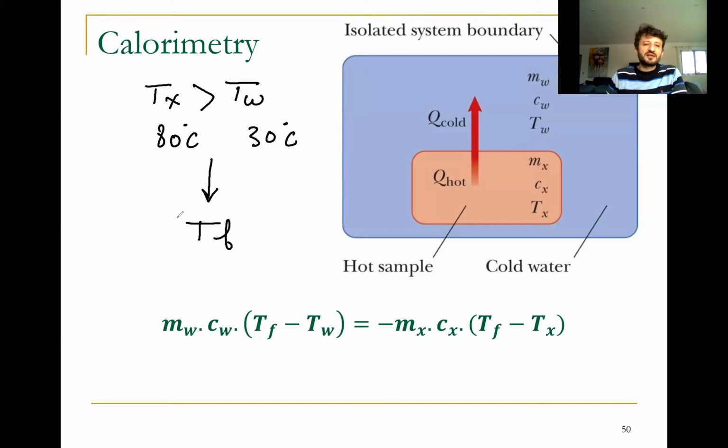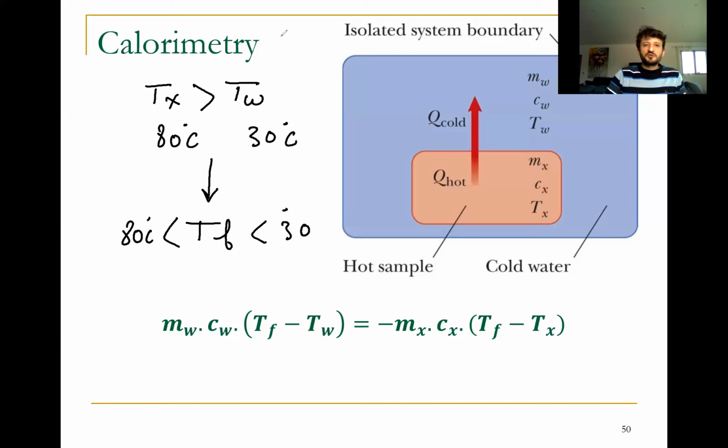This T final must be between 80 and 30, because the object will lose some quantity of heat and the water will gain it. The temperature of the object will decrease and that of the water will increase. The final temperature will be between the highest value and the lowest value.